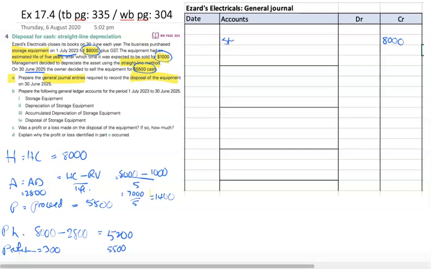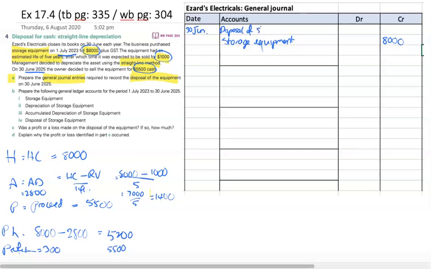And my asset here for the remainder of this is going to be called storage equipment. Now, what is my scorecard? And I did this, apologies, on the 30th of June. What's my scorecard account that I do this? I always call this my disposal of asset account. So disposal of asset. My asset is storage equipment.